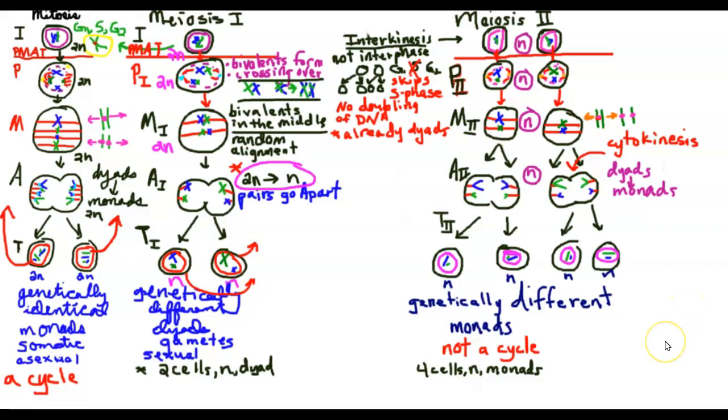So interkinesis is like interphase. Proteins double, organelles double, but it skips the S phase and the DNA does not double. That would ruin the whole purpose of meiosis 2. So at the end, 4 genetically different cells, monads, and it is not a cycle. They're finished.